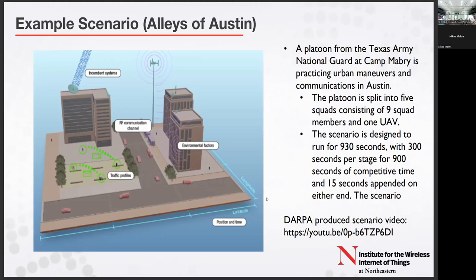So there's fixed infrastructure, there's mobility built into it, there are sensors, there are cameras, there's UAVs, and all of this is run for a total of 1,000 seconds. And there's a video here if you're curious to see, but this maps a 1 kilometer by 1 kilometer square area and has a very, very rich fidelity.